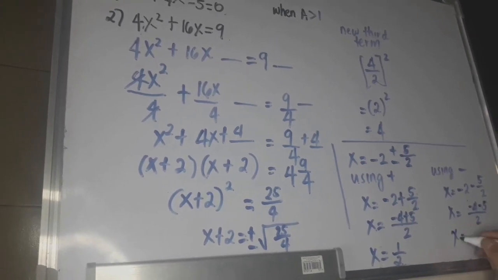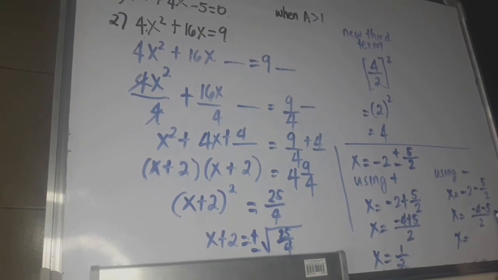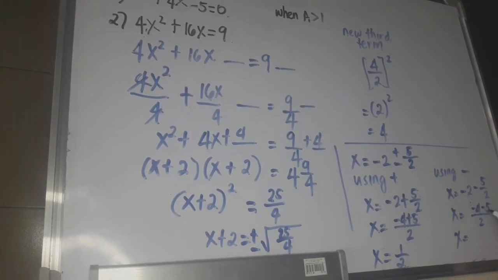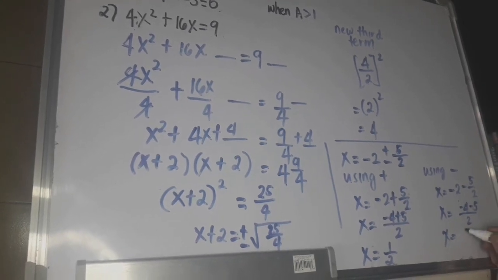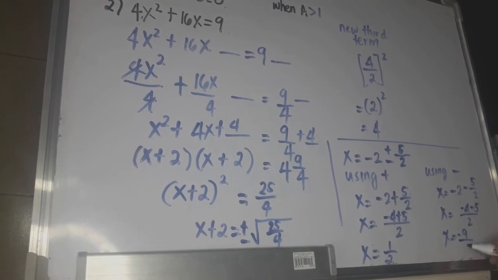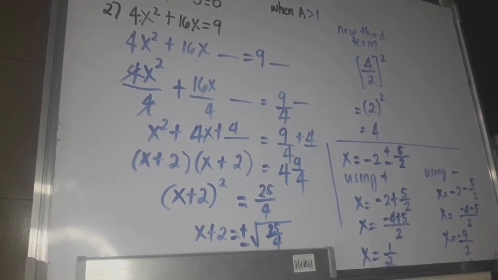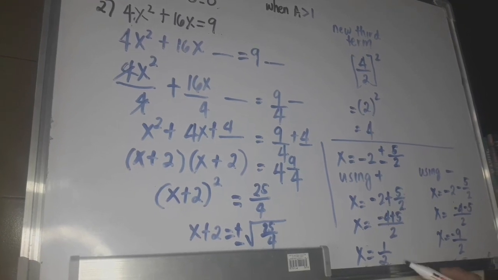X now equals negative 4, then negative 5. The signs are the same, so add the numbers. 4 plus 5 is 9, the negative over 2. So, these are now the roots of the quadratic equation.